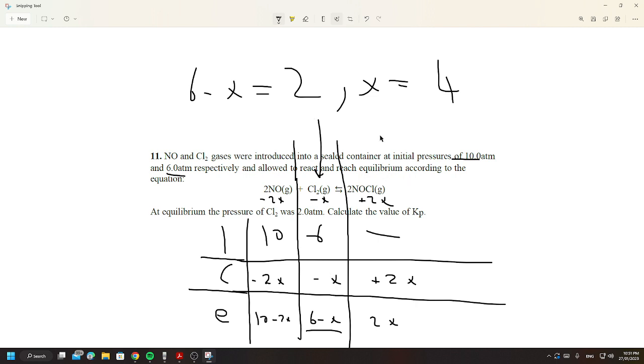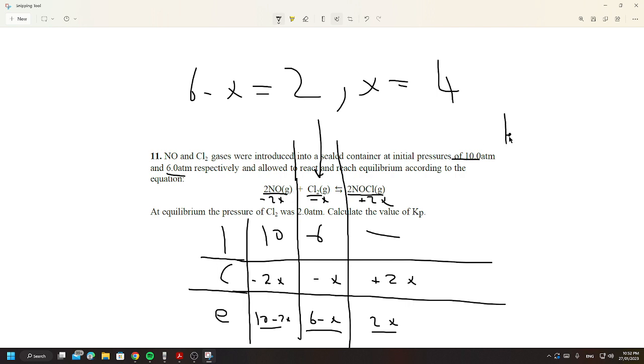So we substitute x into the table and apply the mass action, the equilibrium formula: Kp equals the pressure of NOCl squared divided by the pressure of Cl2 times the pressure of NO squared.